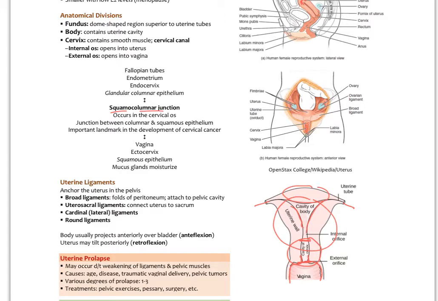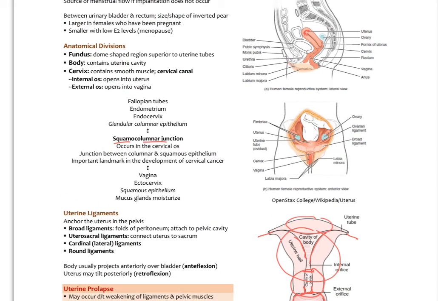And that's actually visible typically when we do a gynecologic exam, the speculum exam. You can actually visualize that change in tissue there. And this is an important area because this is an area where cervical cancers often develop. And we see the movement of it with different hormone stimulation, whether it's in early puberty or later in life towards menopause or after menopause.